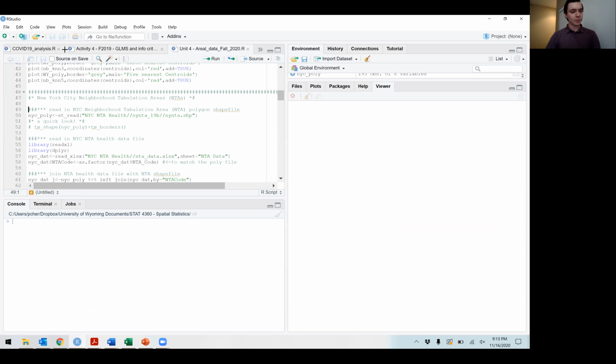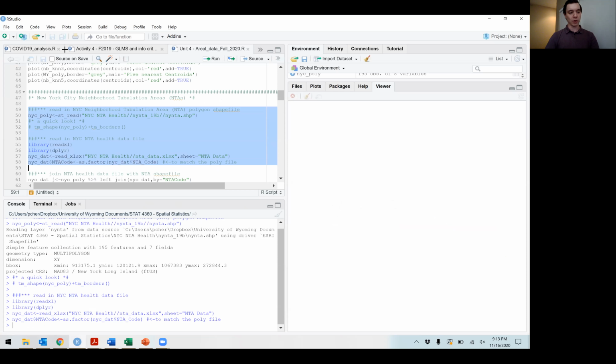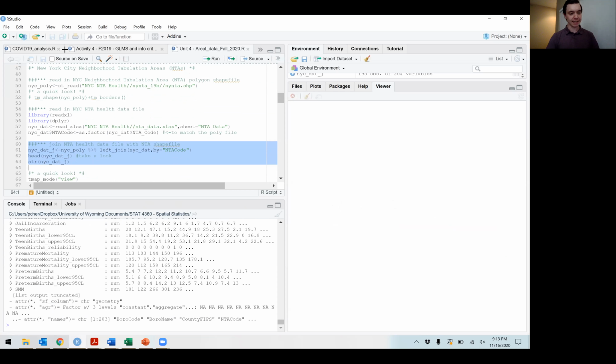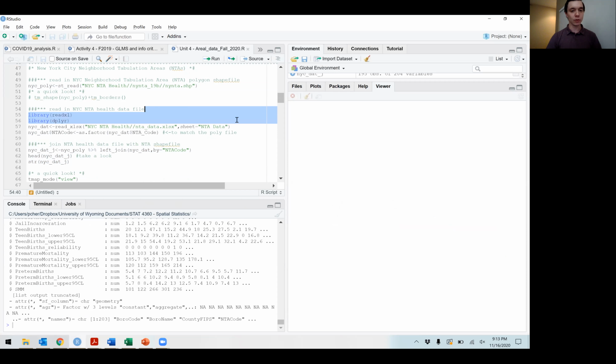This data set is pretty rich. I know some of you are going to be looking for data to analyze. I've downloaded and read in a shapefile that contains the polygon borders of the neighborhood tabulation areas, and I've joined it with publicly accessible data on that same scale.